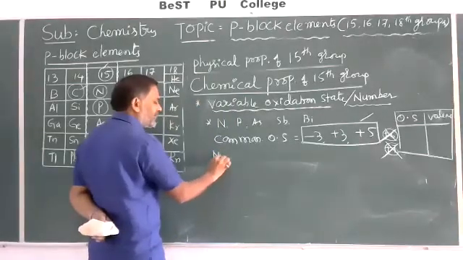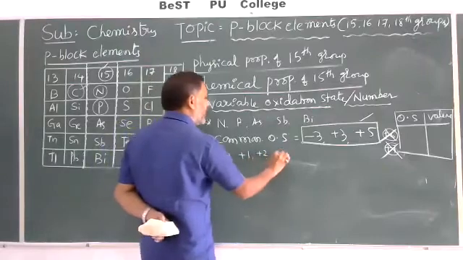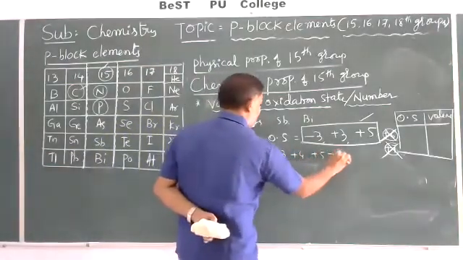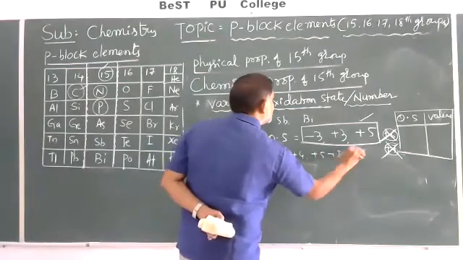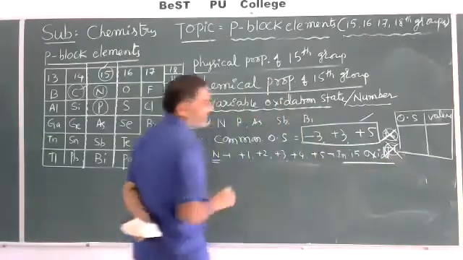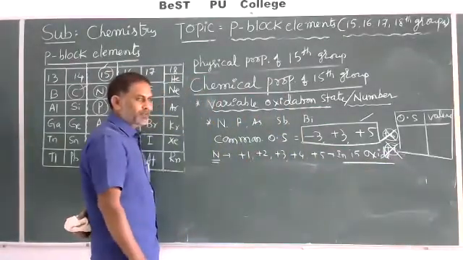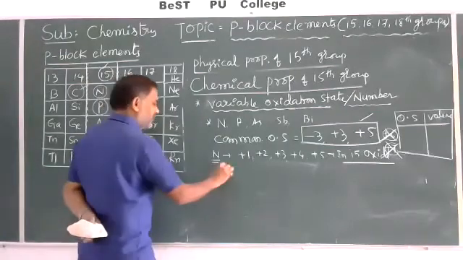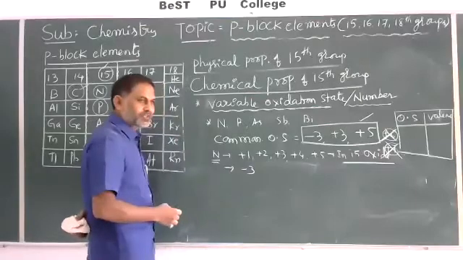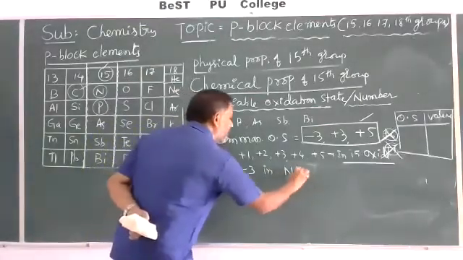Particularly, nitrogen shows +1, +2, +3, +4, +5 in its oxides. I'll explain this very clearly. In oxides of nitrogen, all 5 oxidation states are present. Nitrogen also exhibits the -3 oxidation state in the molecule NH3, ammonia.